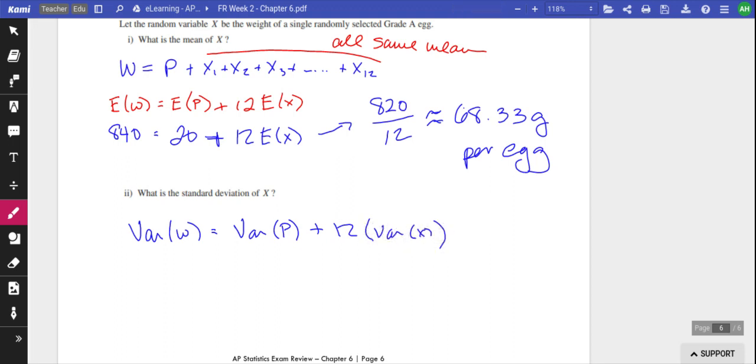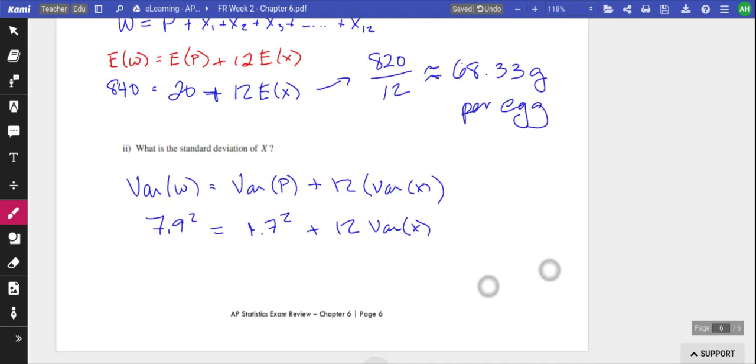Okay, so now we know that the standard deviation of the weight was 7.9 grams. We have to square that to change it from standard deviation to variance. Standard deviation of the packaging is 1.7. We've got to square that. Okay, so when you do that, plus then I've got 12 of these, right? 12 variances of X.